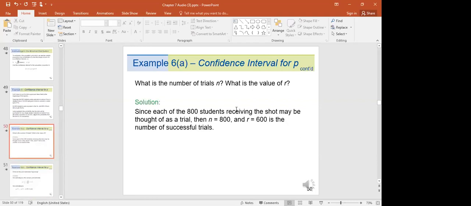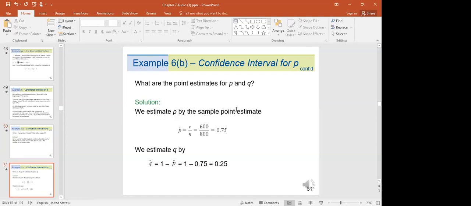So having the sample size 800, we have that 600 of the 800 did not get the flu. So r, the number of successes, is 600. We are going to use this to find the sample proportion p hat, and then the sample estimate for failure.